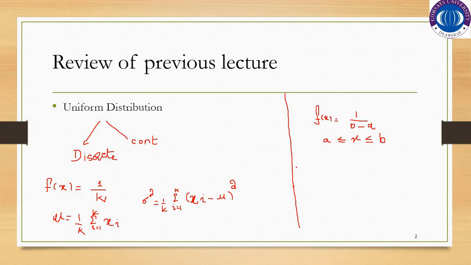and the mean is equal to, in case of continuous uniform distribution, a plus b divided by 2, and variance will be equal to b minus a whole square divided by 12.